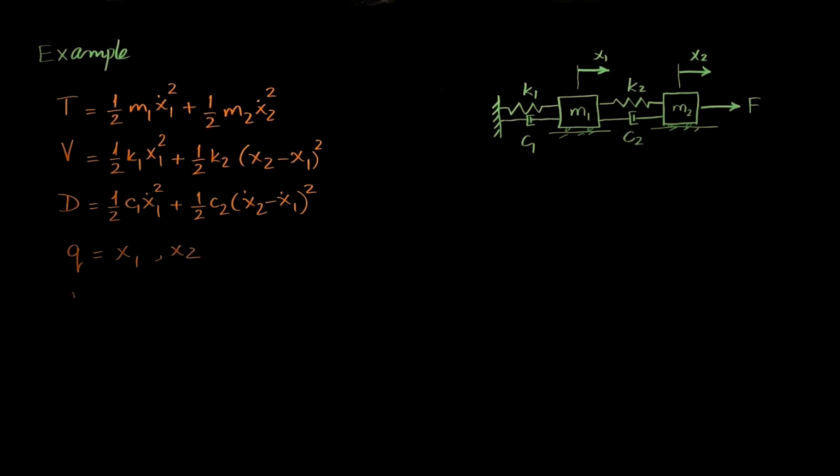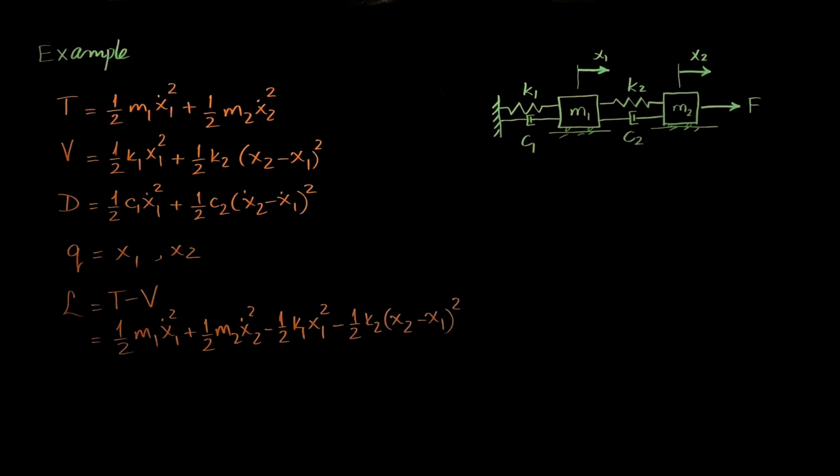The Lagrangian is T minus V, which is 1/2 m1 x1 dot squared plus 1/2 m2 x2 dot squared minus 1/2 k1 x1 squared minus 1/2 k2 (x2 minus x1) all squared.